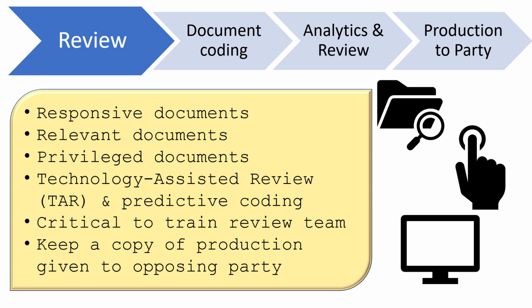Are they responsive? Are they relevant? Or are they privileged? This is where that TAR, technology assisted review, predictive coding, things like AI, right? It's all part of this. Training the review team and documenting that training is really important. And then, of course, you have to give a copy to the opposing party.